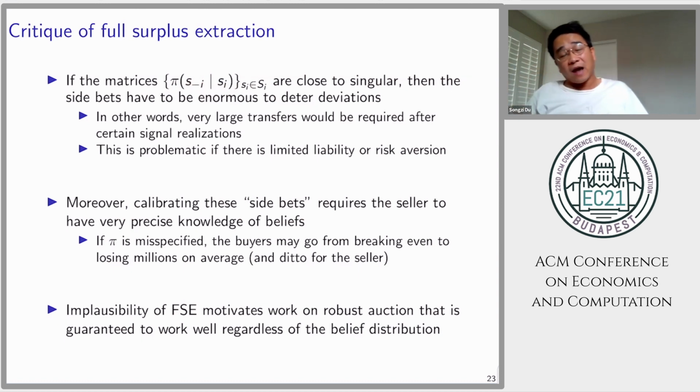So this means that we have to use very large transfers after signal realization, which is obviously problematic if there is limited liability in terms of what people can pay, or if the bidders are risk averse. Okay, so that's one problem with full surplus extraction. A related problem is that to construct those side bets, we have to have exact knowledge of the prior distribution, or equivalently of these interim beliefs.